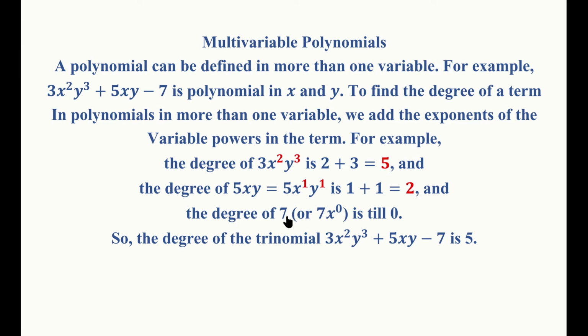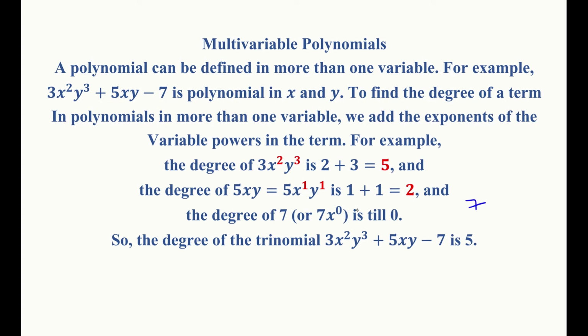And the degree of the term 7, remember you can write 7 as 7x to the 0, or just as well we could have written it as 7y to the 0, or we could have even written 7x to the 0, y to the 0 if we wanted to. We could do that too. And in either case, even if we wrote it as 7 x to the 0, y to the 0, the degree would still be 0.